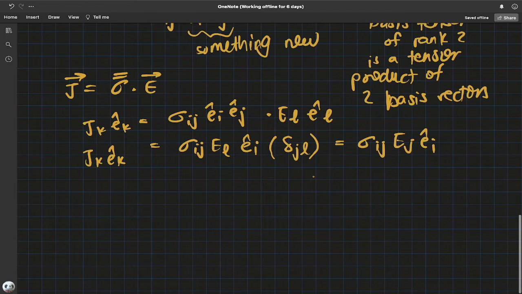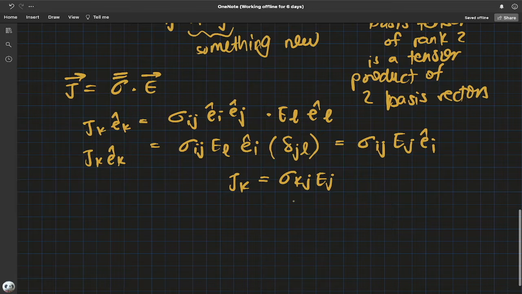Okay, and it's easy to find the next one. You just do another dot product and simplify things. So this will be equal to sigma kj e_j, I believe.